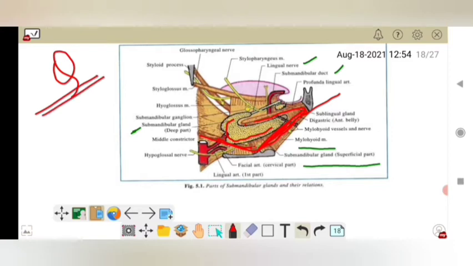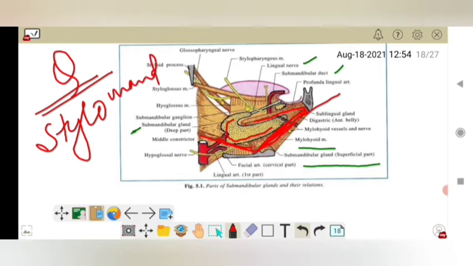A question comes on this: which ligament separates the submandibular and parotid gland? That is the stylomandibular ligament.